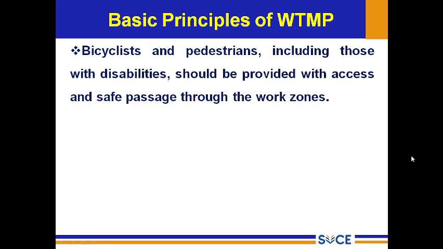Insufficient road width sometimes may lead to mixing of both vulnerable road users and fast moving vehicles. That should not be there. They should be properly separated. Sufficient space should be given for bicyclists and pedestrians so that they can also pass. See, these are rules, principles. So there should not be any violation in this.